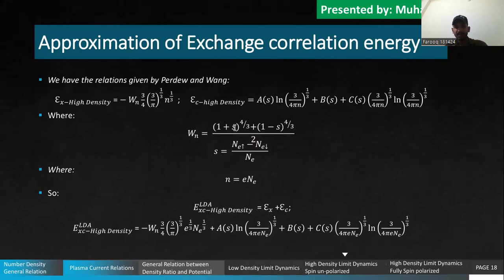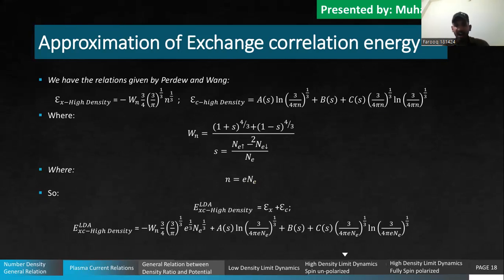I have explained that. So when we put S equal to 0 here, Wn is equal to 1. Now n is equal to e Ne, similar to the previous case, where this n is the charge density. And when we put n equal to e Ne, this large Ne is the number density.